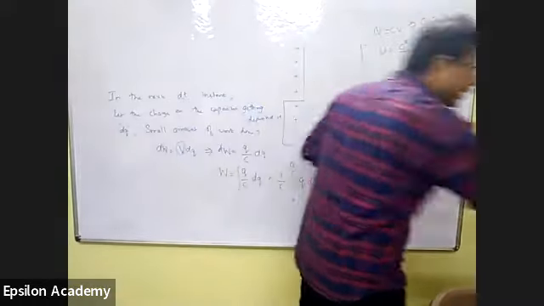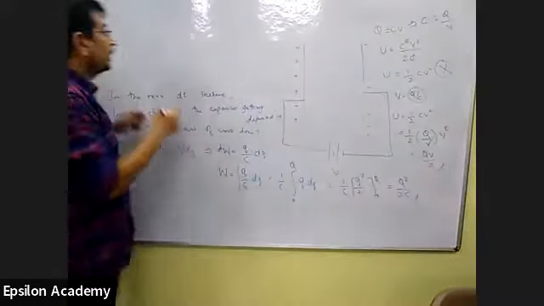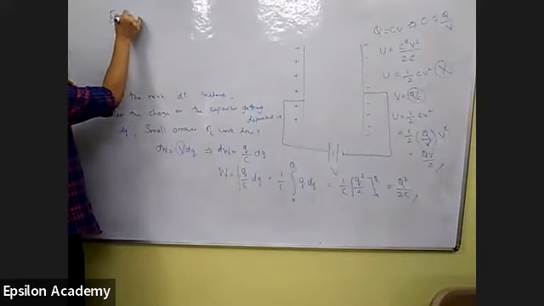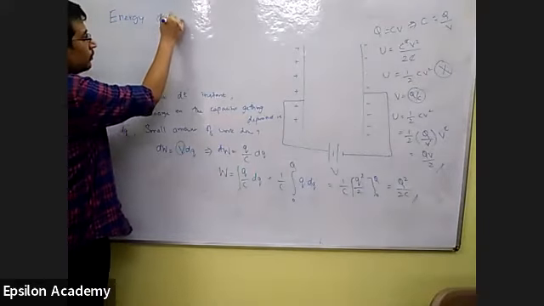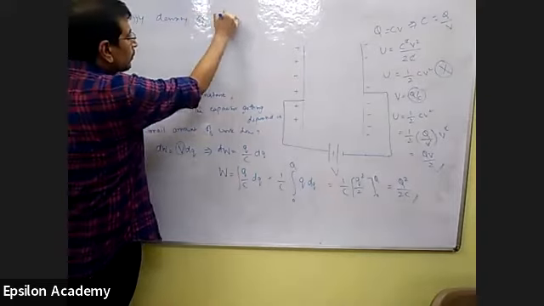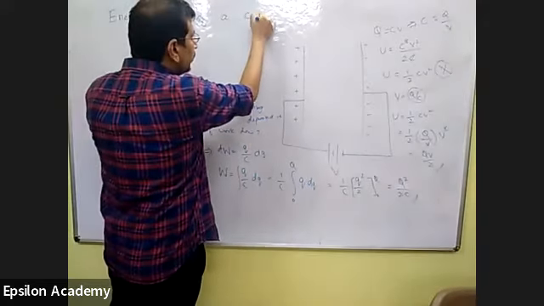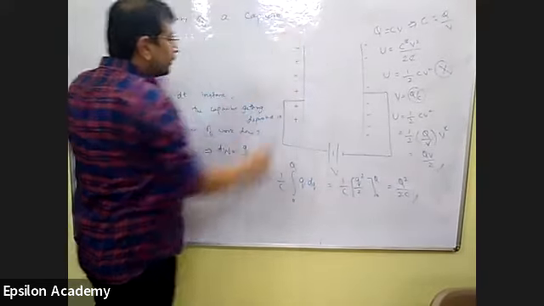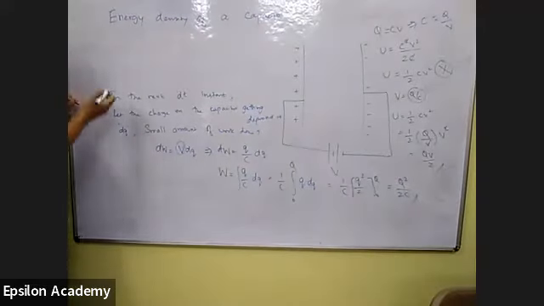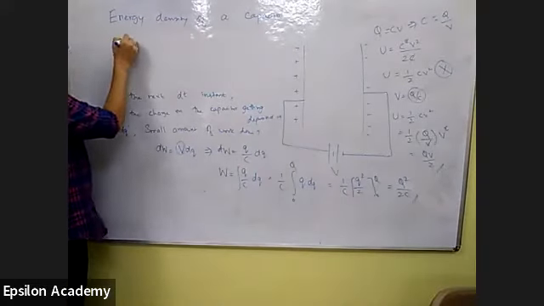See, one last value is energy density of a capacitor. Energy density of a capacitor. Okay. So energy density is something like this.